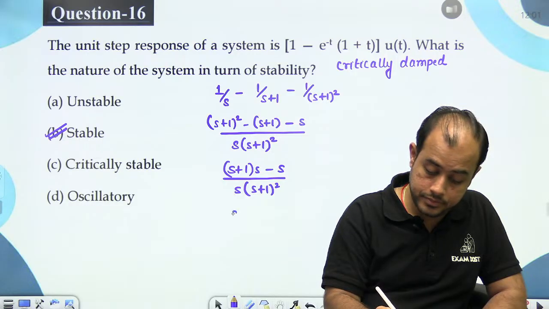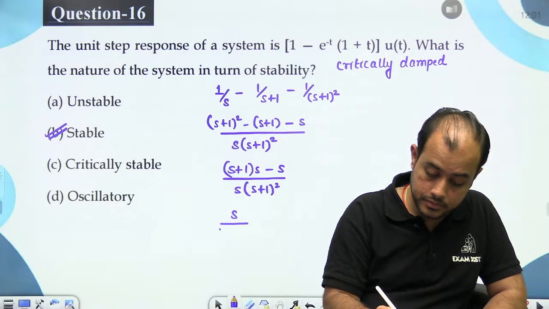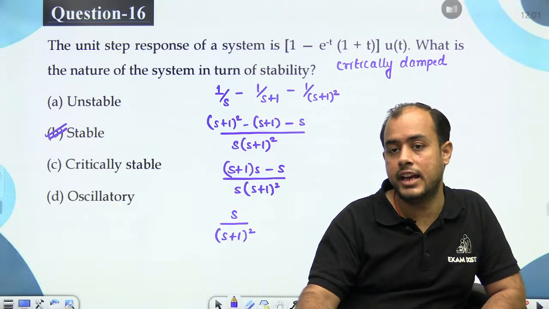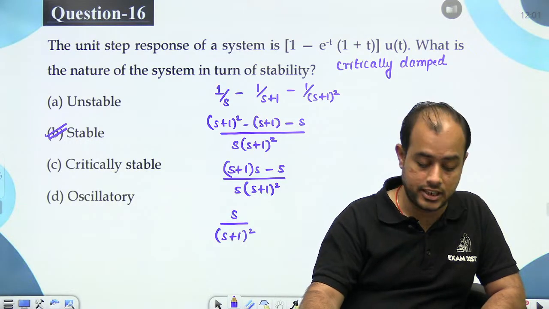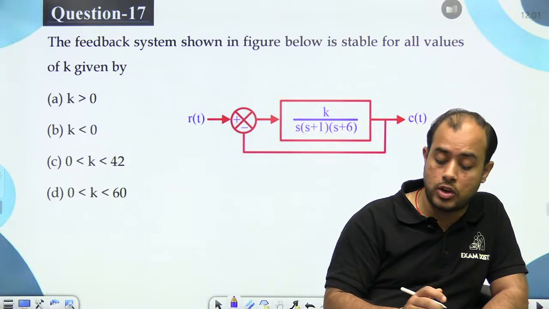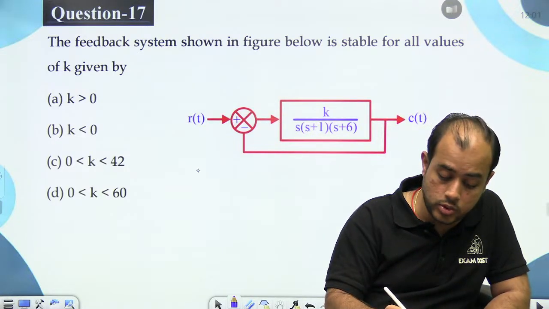So the pole is in the left half plane. System is stable for all values of K, given by ESE 2010.